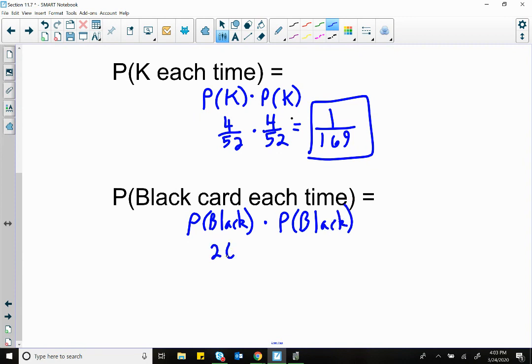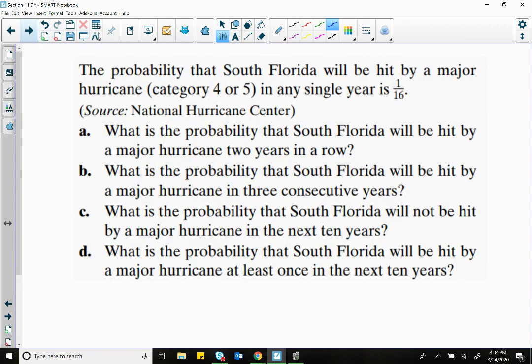There are 26 black cards out of 52 times 26 out of 52. And that will give us an answer of 1/4 when all is said and done. Again, when they're independent, all you do is you find the probability of the first event times the probability of the second event, or third, so on and so forth.